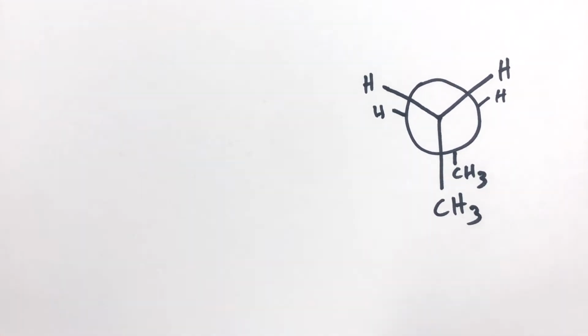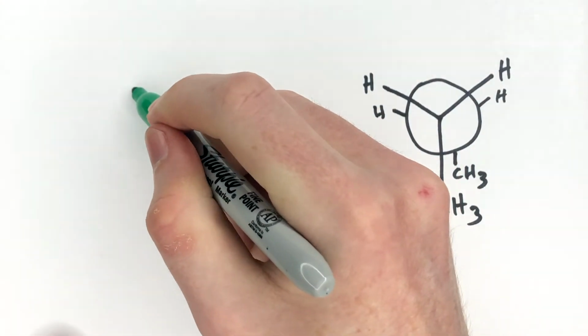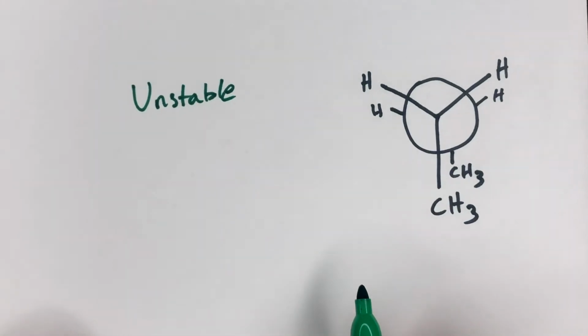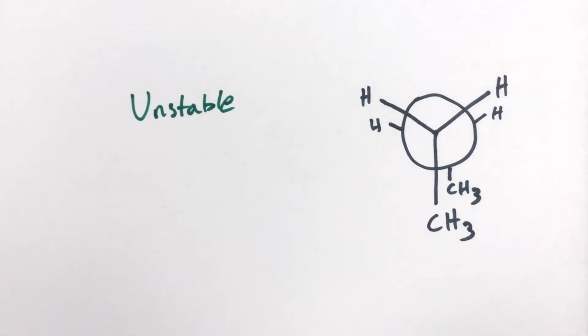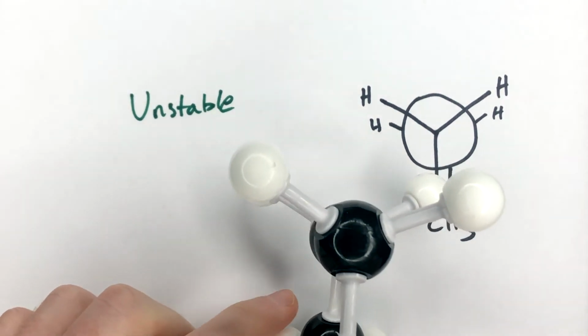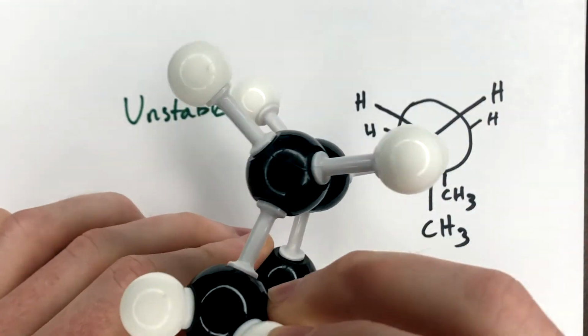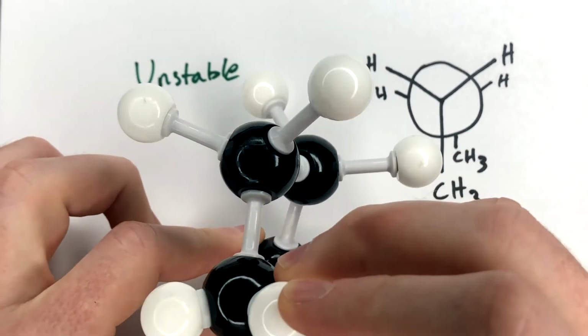Now, if we were asked to assess the stability of this, this is extremely unstable, and this is not going to be the preferred Newman projection or the preferred conformation of this molecule, right? So if we look at this, these carbons are all single bonds, so it can have free rotation about this bond in any direction.